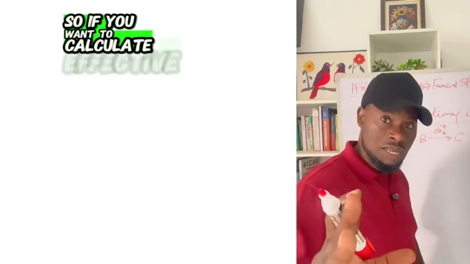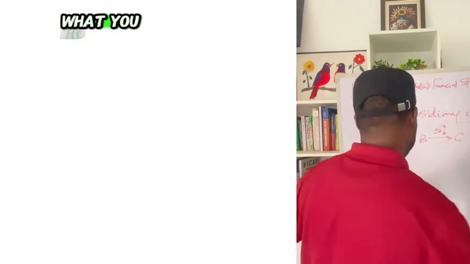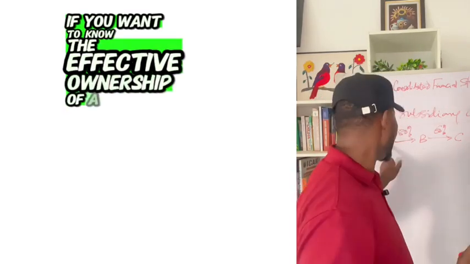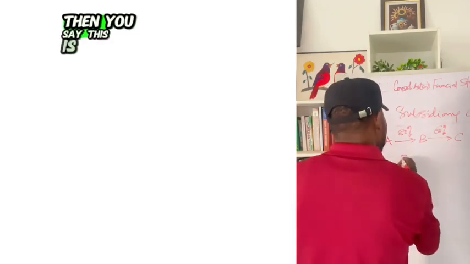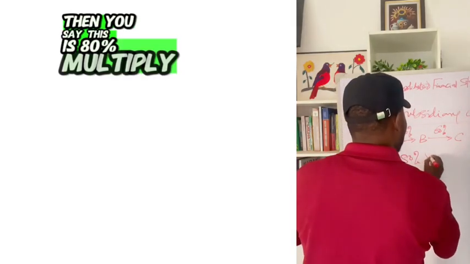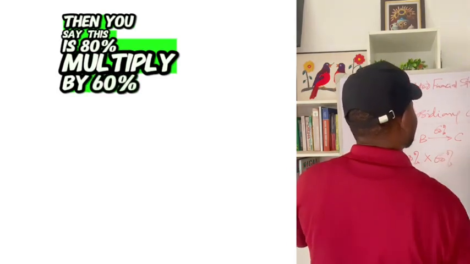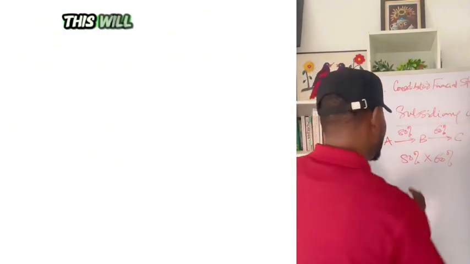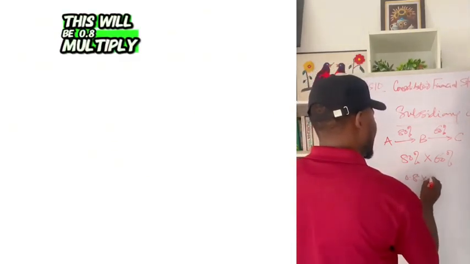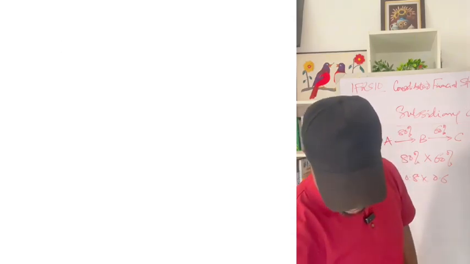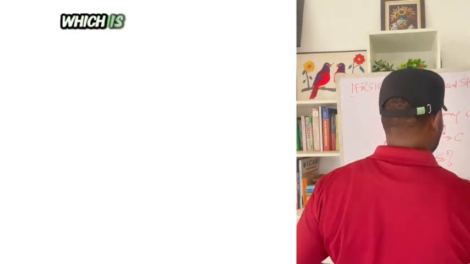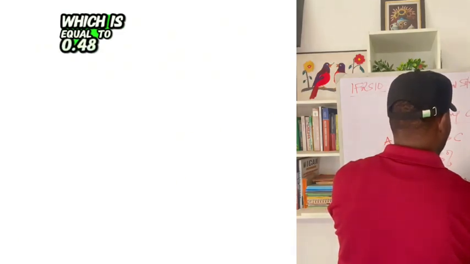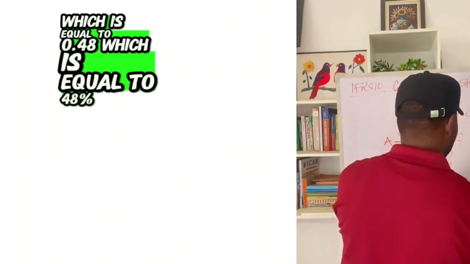So if you want to calculate effective ownership, the effective ownership that A has in C, then you say this is 80% multiplied by 60%. So this will be 0.8 multiplied by 0.6. And that will give us 0.48, which is equal to 48%.